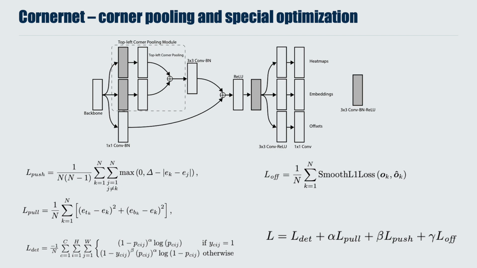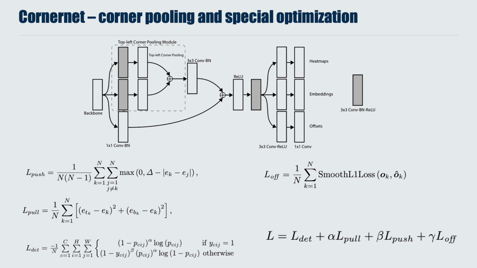And they want these two to be as close together as possible because they need to belong to the same object. So that's what the pull loss is doing, meaning that when it's within the same object, it needs to pull together the value of the embedding. While the L_push does the opposite, meaning that when you have two different objects, the embedding values must be as far apart as possible, which is what's done by the push loss, pushing apart the embeddings coming from two different objects.